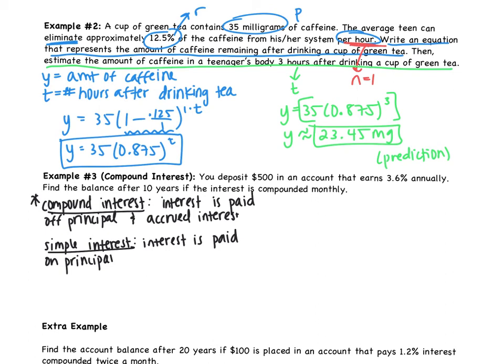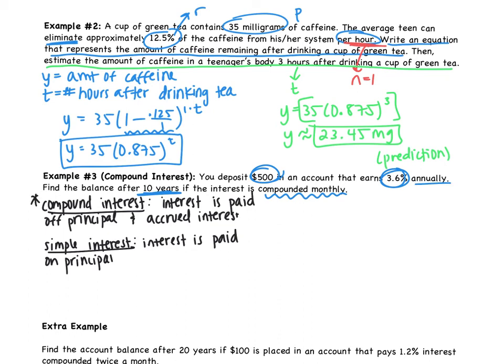So let's look at this example. It says you deposit $500. That number's important. 3.6% is also important. It says find the balance after 10 years if the interest is compounded monthly. Okay, this is where things get interesting. This is where n is not going to be 1. So n is the number of times per cycle.